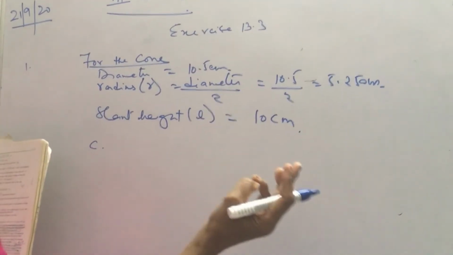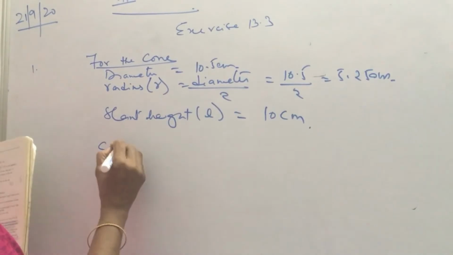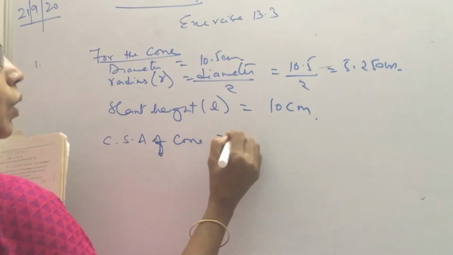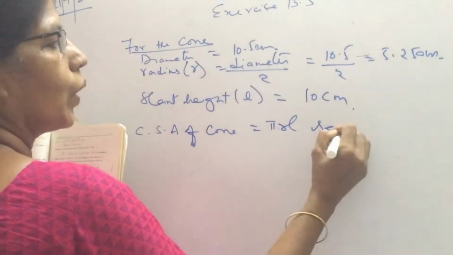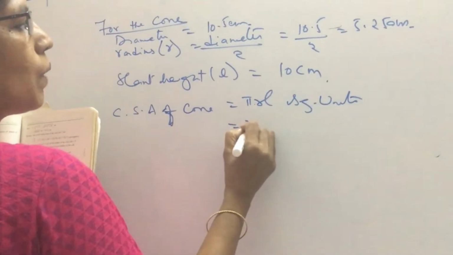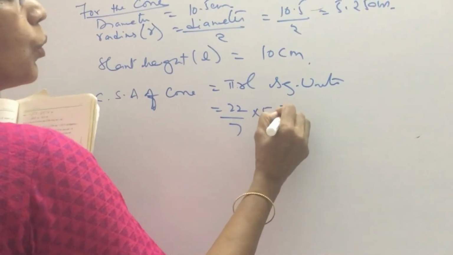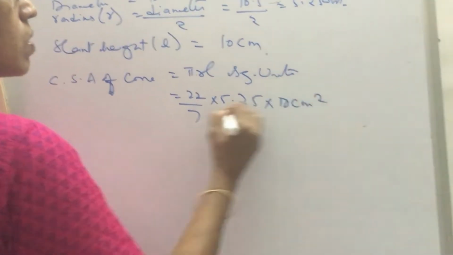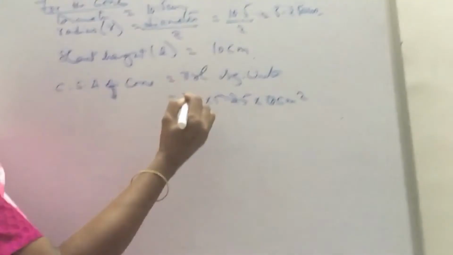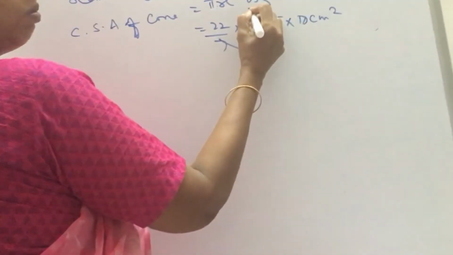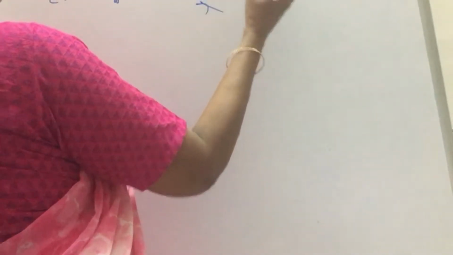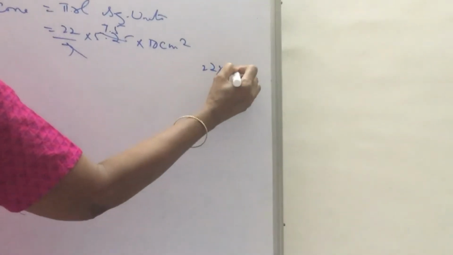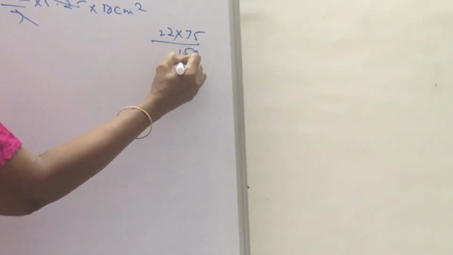You know pi, you know r, you know l. CSA of cone is equal to what? pi r l square units. 22 by 7 into 5.25 into 10 centimeters square. 7 goes how many? 22 into 75, 150.